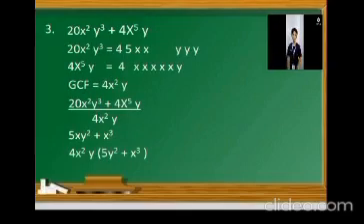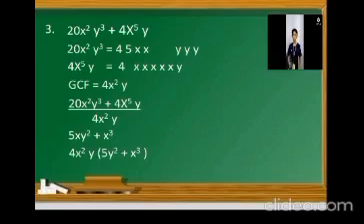And for our final example, we are going to factor 20x squared y raised to 3 plus 4x raised to 5 times y. First, we are going to find the greatest common factor of the terms. The factor of our first term, 20x squared y cubed, is 4 times 5 times x times x times y times y times y.